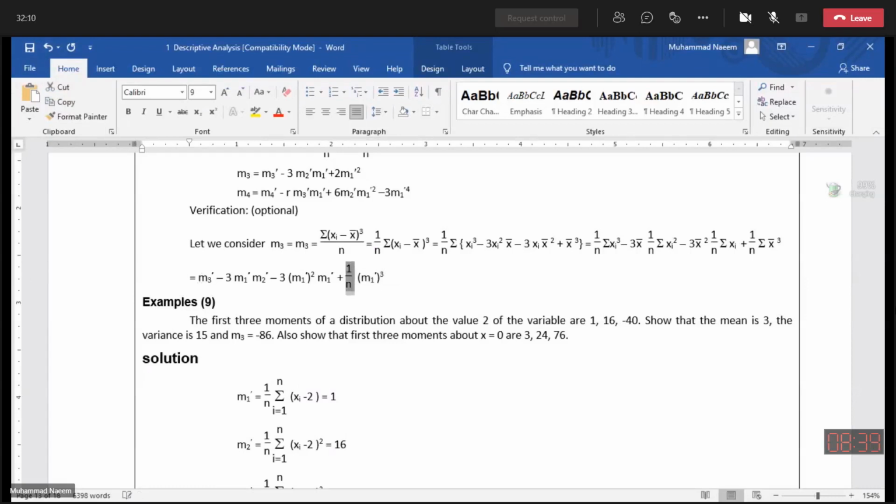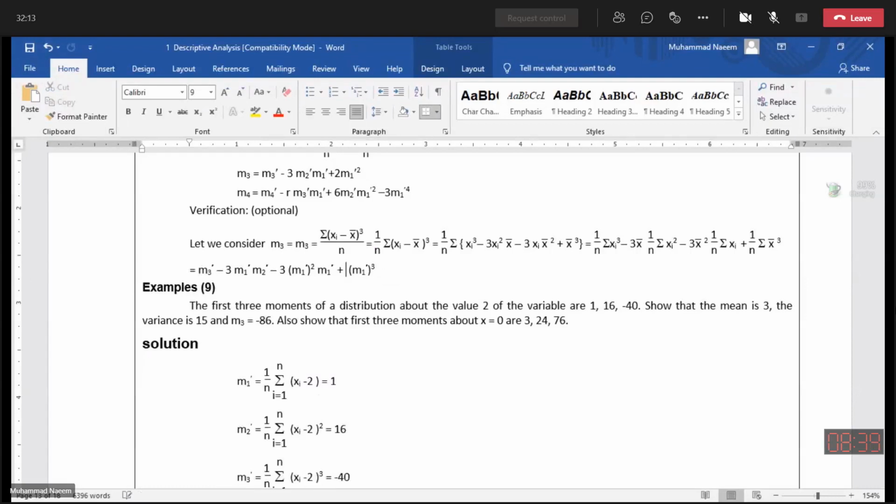And cancel. So the expression: our second last term is also M1 prime cube.